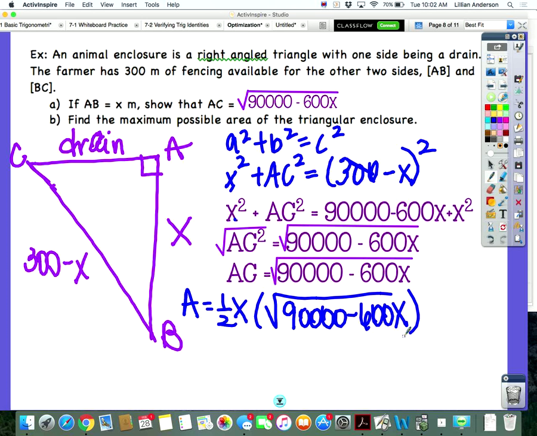Do we have the same variable? We do. So we don't have to worry about trying to figure out something else. So now we need to take the derivative of it. To take the derivative, we're going to need to use what? Product and chain. A good little review right here.